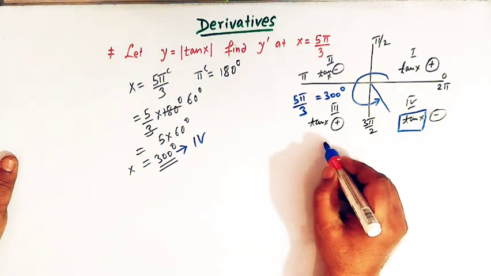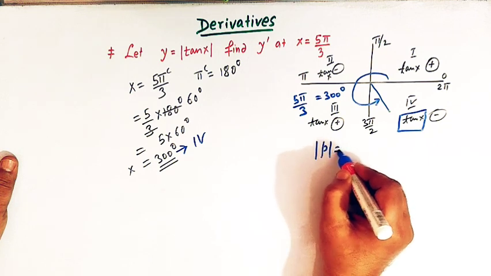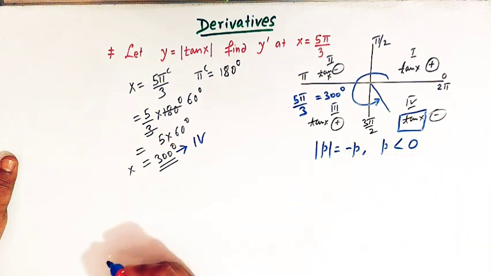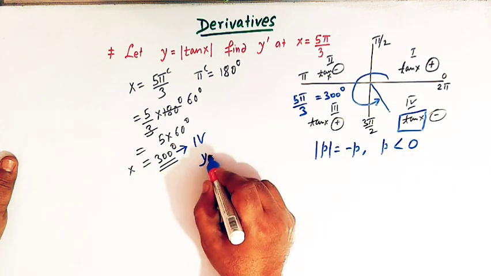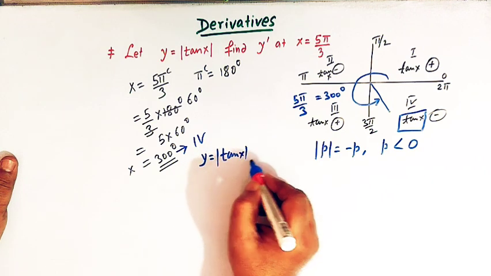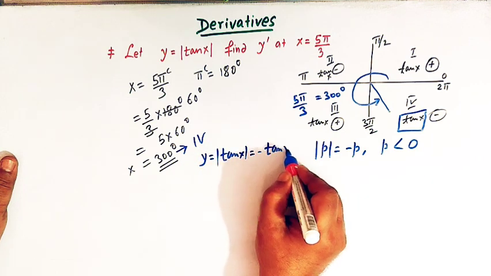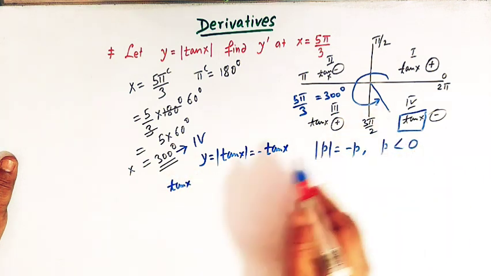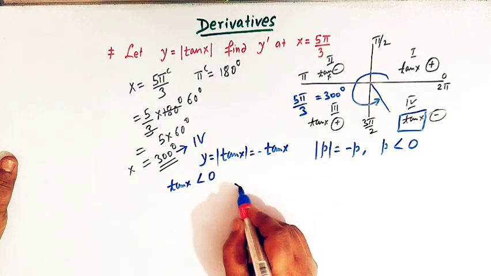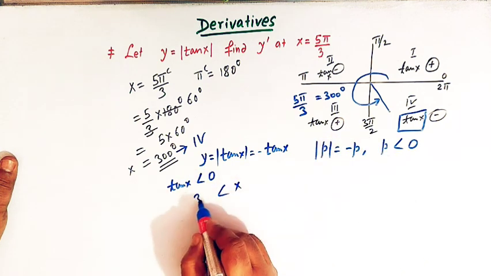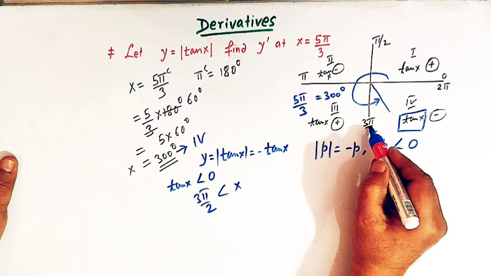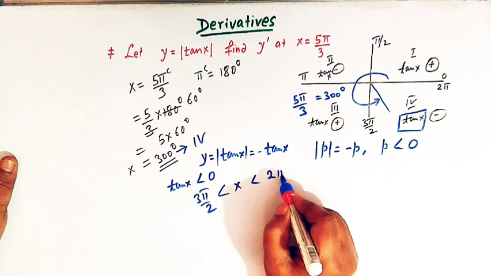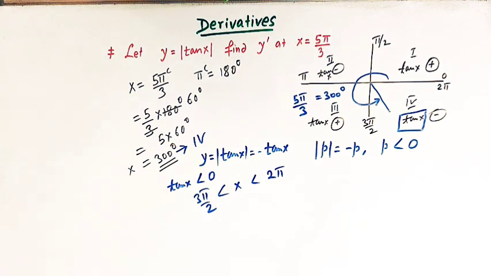And from the definition of the mod function, we know that mod of p is negative p whenever p is less than 0, right? So y is equal to mod of tan x is equal to negative of tan x, because the tangent function is negative, that is less than 0, when x lies in the interval 3 pi by 2, which is 270 degrees, to 2 pi, which is 360 degrees.